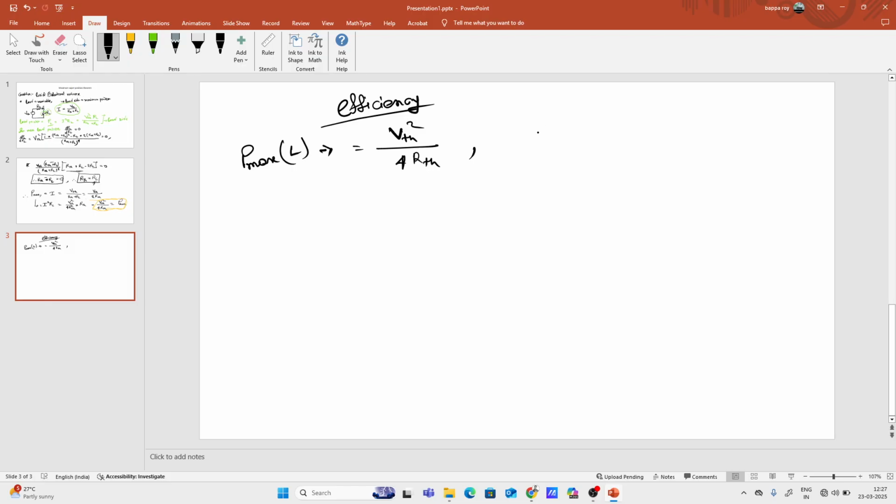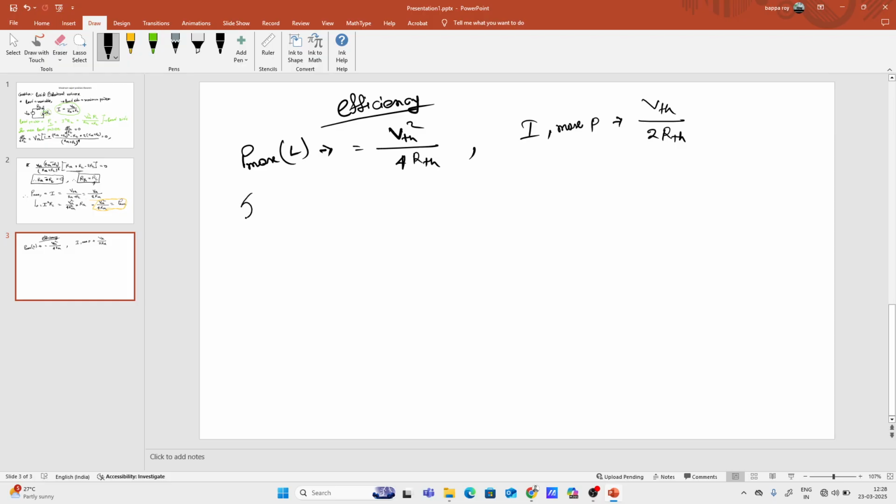And we have calculated the current at maximum power. I at maximum power, how much it was? VTH by 2 RTH. Okay, so we got the load power.